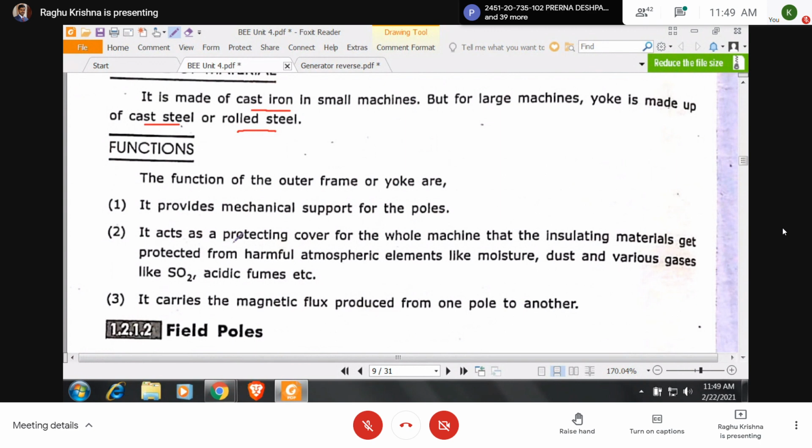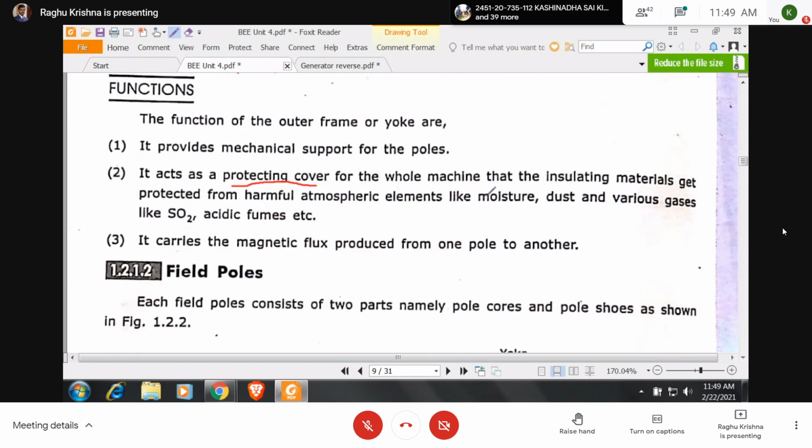It acts as a protecting cover for the whole machine, so that the insulating materials get protected from harmful atmospheric elements like moisture, dust, and various gases like SO2, acidic fumes, etc. You have the insulation between the rotor winding, that is the armature winding, and the armature.